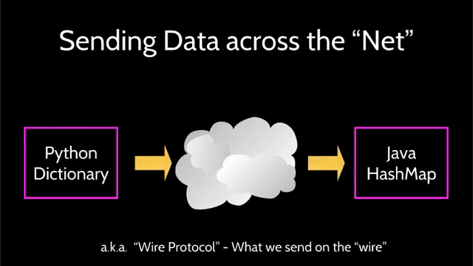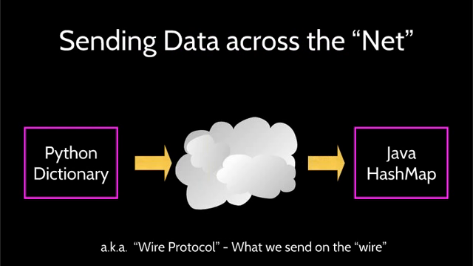So if you have to send data, let's say on one side you have a Python dictionary, a big dictionary with key value pairs and all that. On the other side of the line, the service might be written in Java. So you have to convert this object into that object.